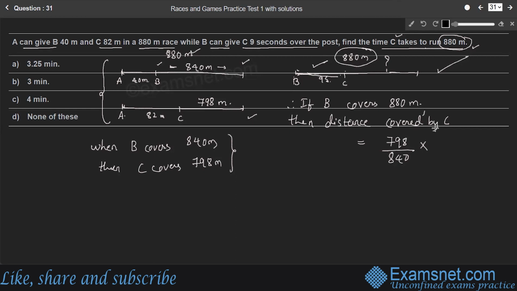Therefore, if B covers 880, so simplify it. So 4 into 22, 4 into 21. So you will get 22 into 798. Simplify it. Direct calculation.